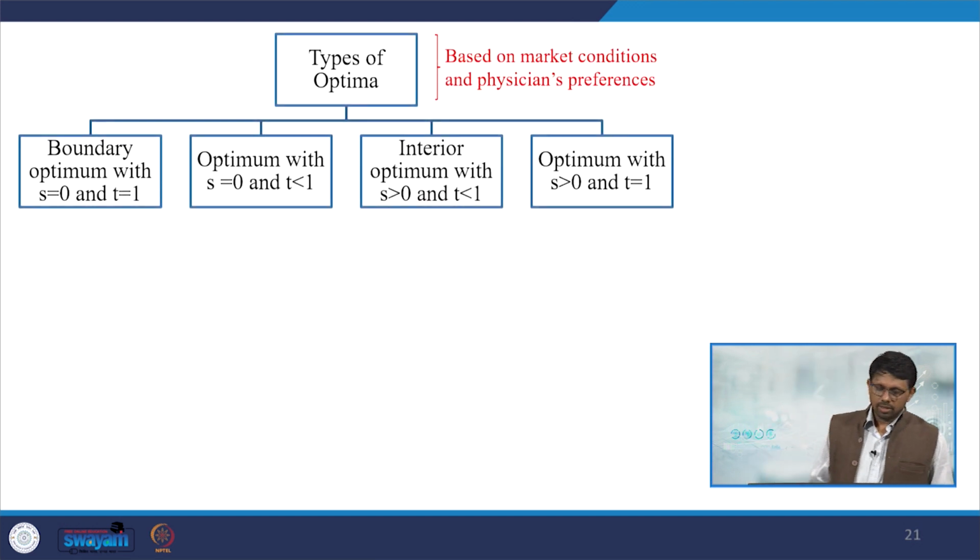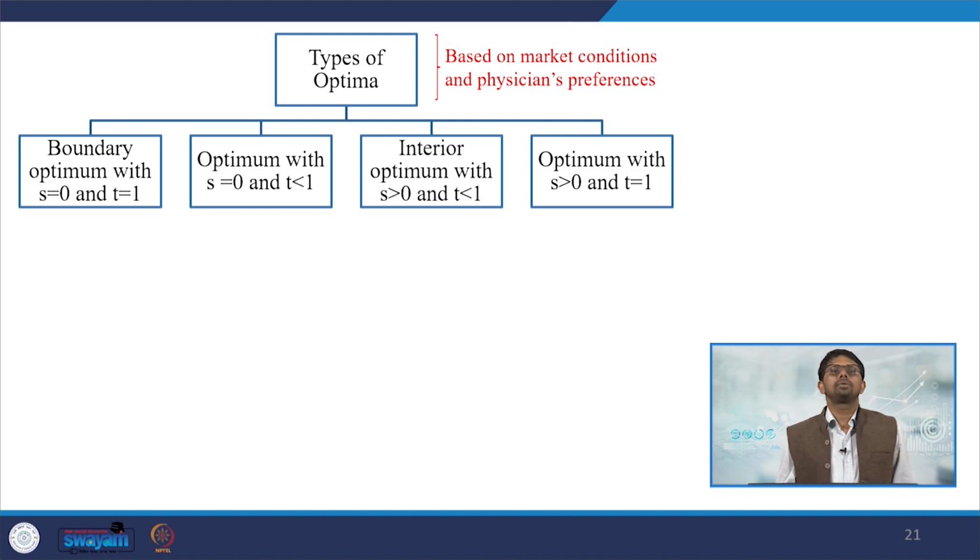So, here for the type of optima, we know that we find the optima conditions using the Lagrangian multiplier, if the constraint function is identical in nature, or follows a strict boundary point.